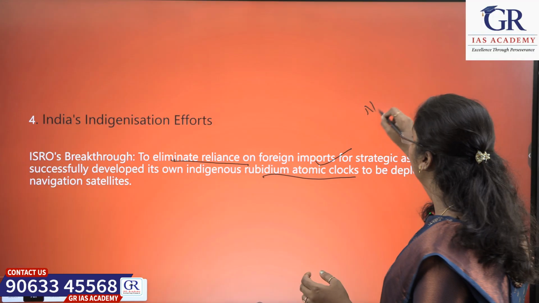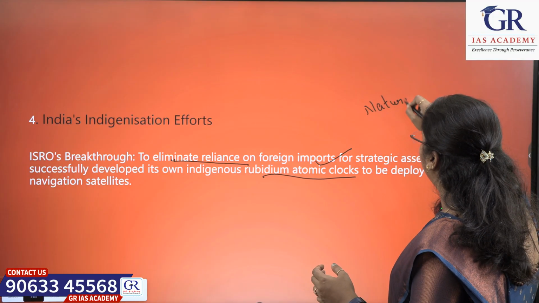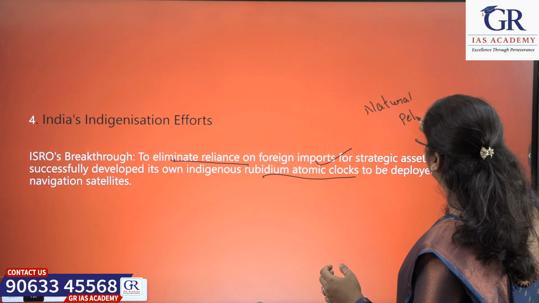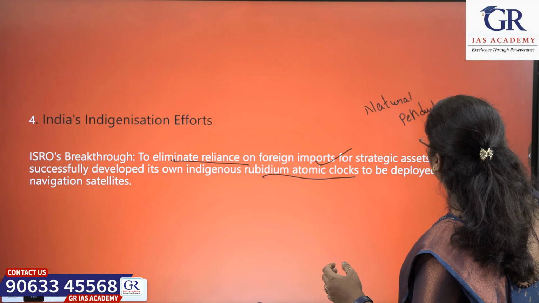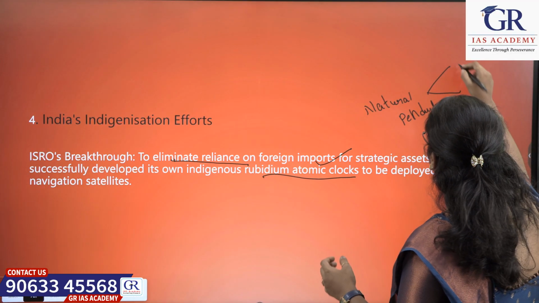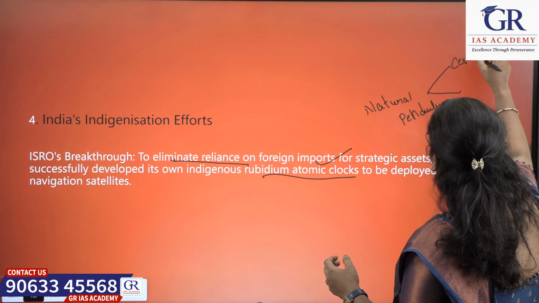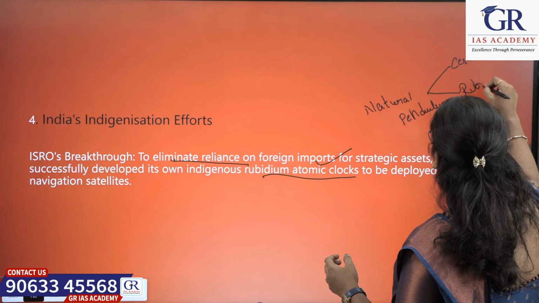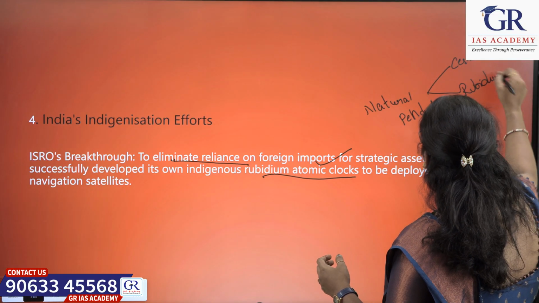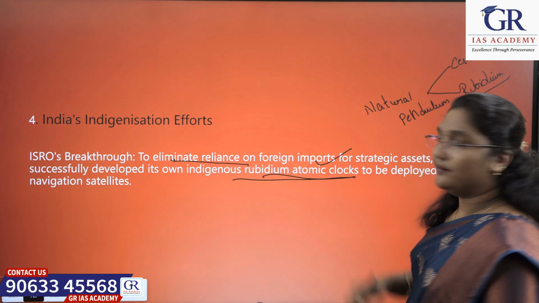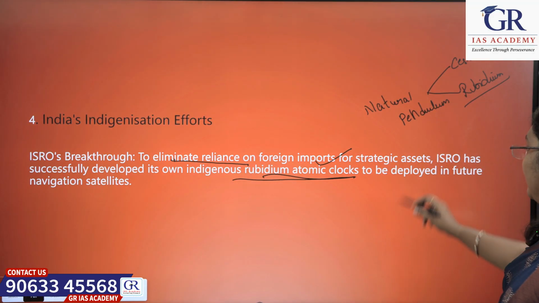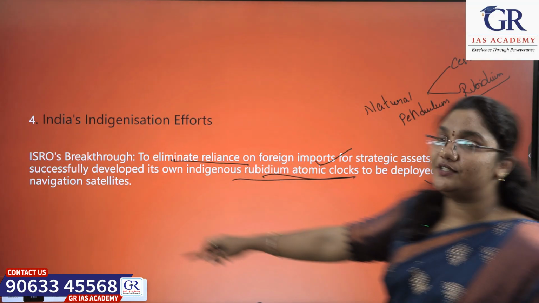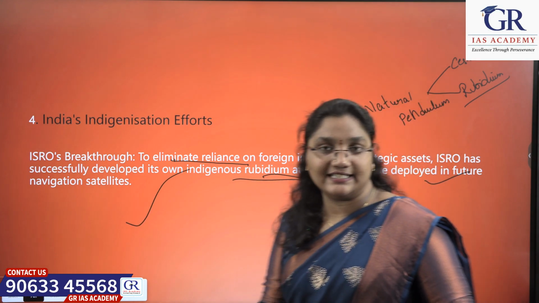I told you in the natural pendulum, we can use cesium or rubidium. So ISRO has used rubidium atomic clocks to be deployed in future navigation satellites.